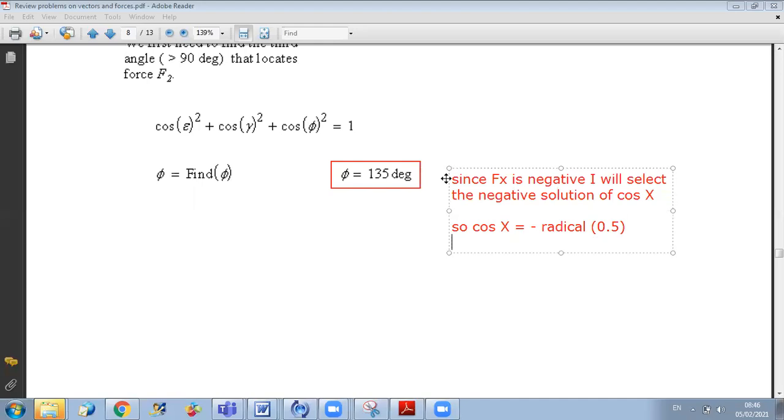If you solve in the calculator, it will give you that x is minus 45.